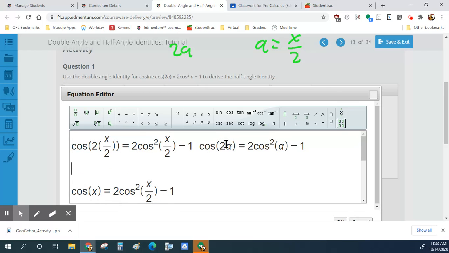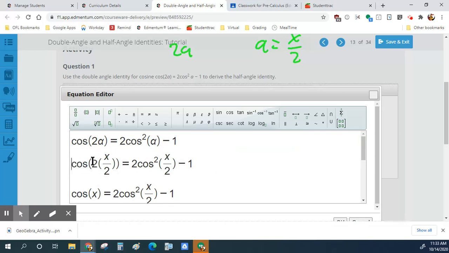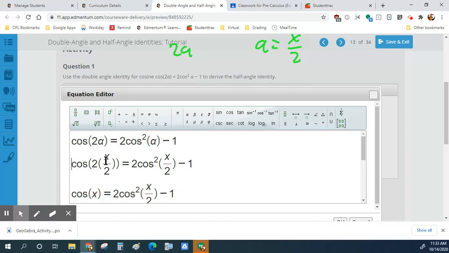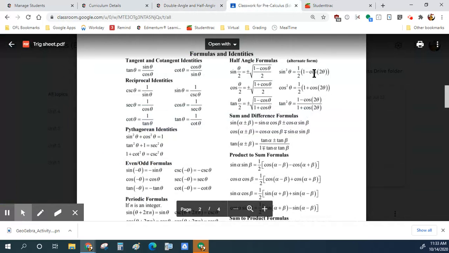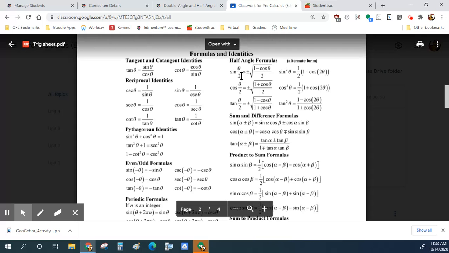I would have left this as alpha, I could have done the exact same steps just a little differently. I won't do that. I like replacing it with x over 2. It just, to me, makes more sense to call it x over 2 instead of leaving it in this weird way, because how is this a half angle formula? This makes a little more sense.